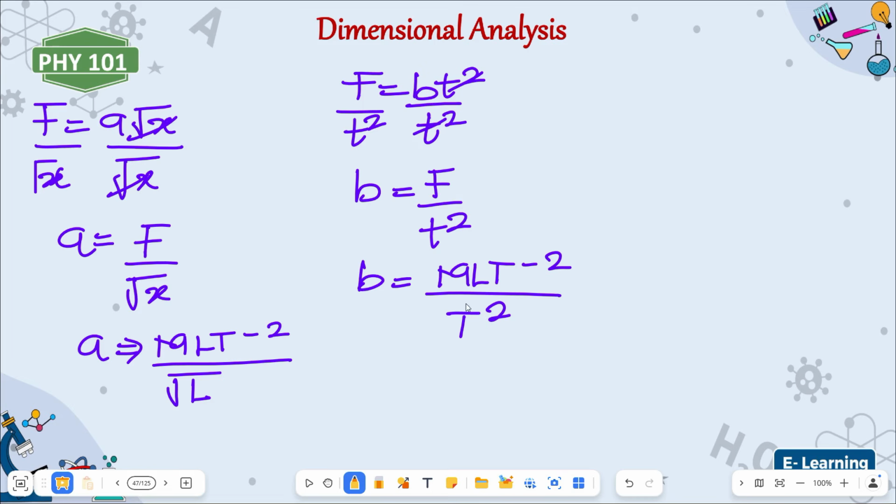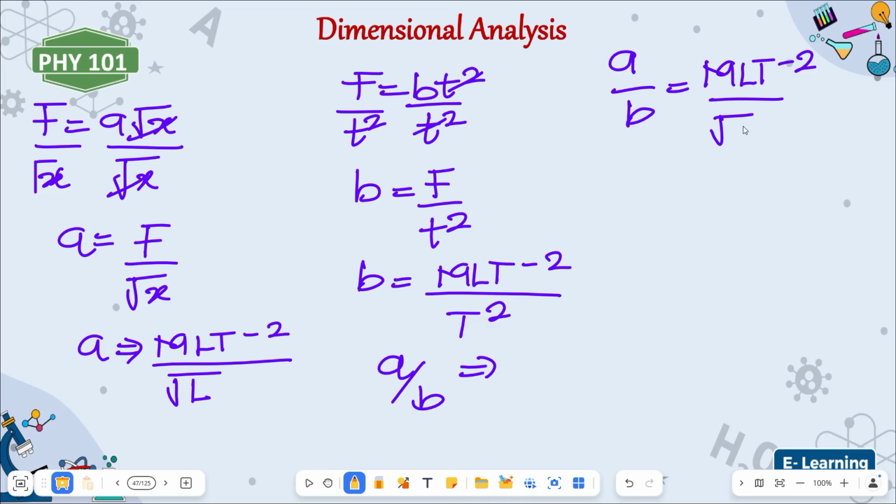All right. But the question says find A over B. So let's come here and find A over B. A over B will be MLT minus 2 divided by root L, divided by, because this is a division sign now, B, which is MLT minus 2 divided by T squared.